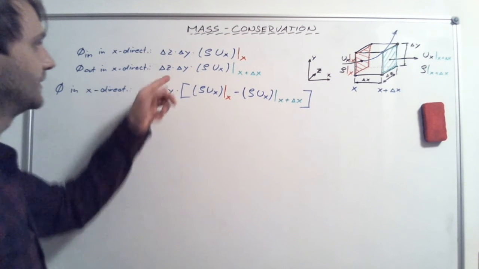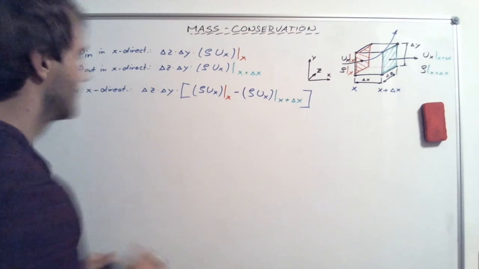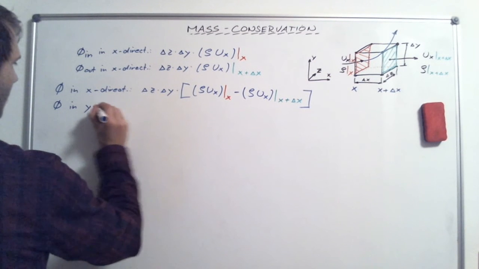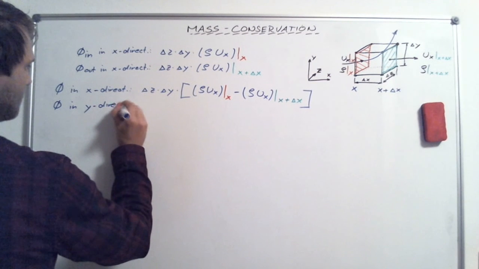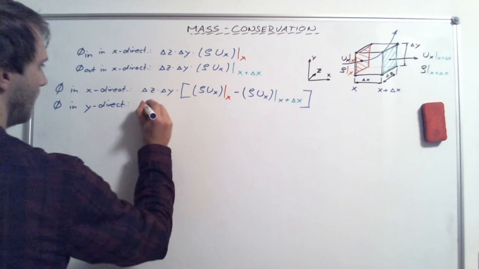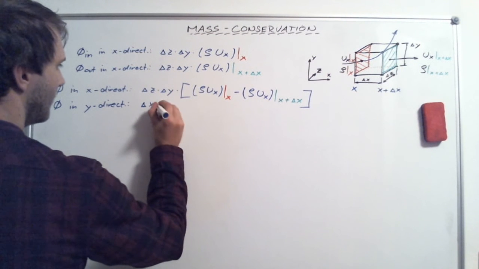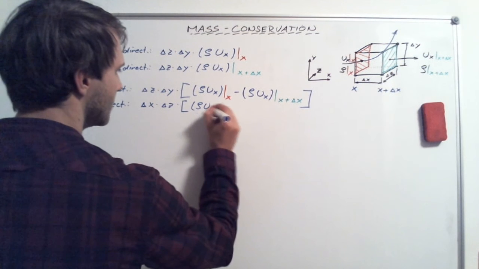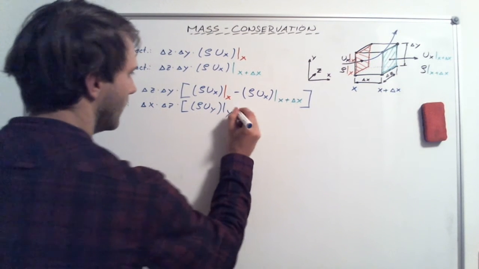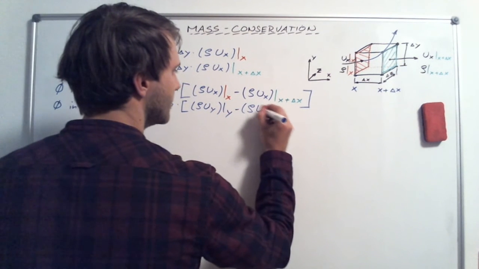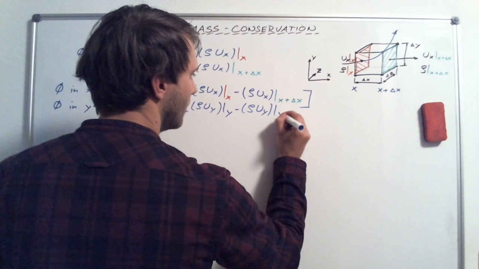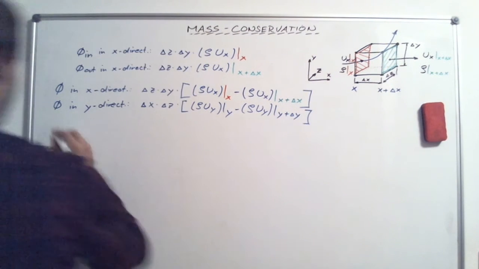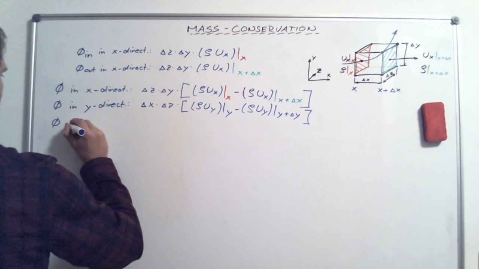Yeah, and you can do the same for y and z, and I will write it directly. So in y direction we have x multiplied by z, and density in y, density in y plus delta y. If you don't trust me, please do it yourself.